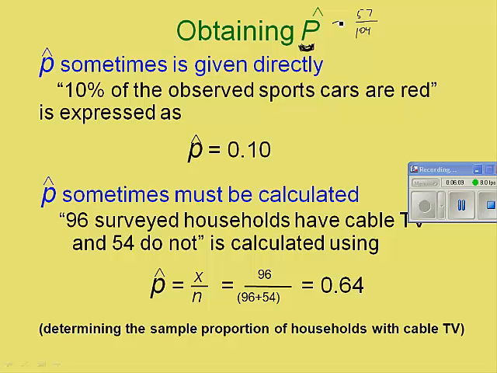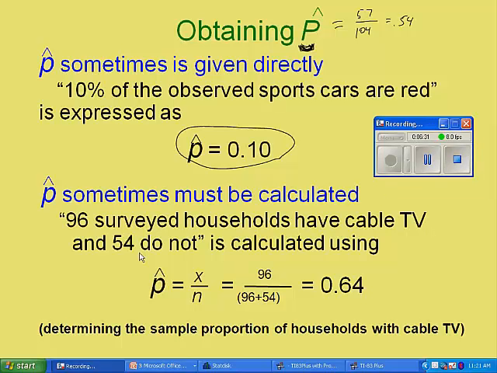That was my p hat, which was 0.54, something like that. Sometimes they just tell you p hat. They say 10% of the observed sports cars are red. Well, then you have the proportion, right? Sometimes they tell you the percentage of the sample. Sometimes you have to calculate it.